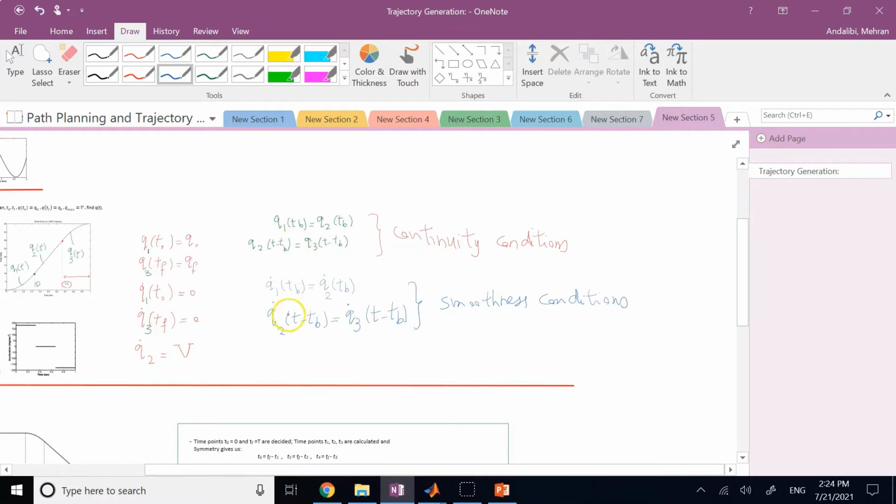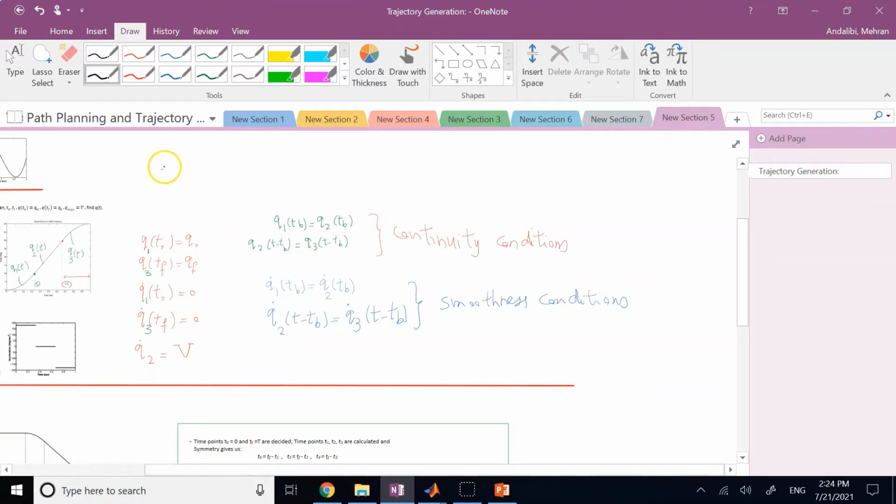So far, if you have seen, I have 9 equations, right? What are my unknowns? There are 8 unknowns, the coefficients of q1, q2, and q3, and the t blend, correct?